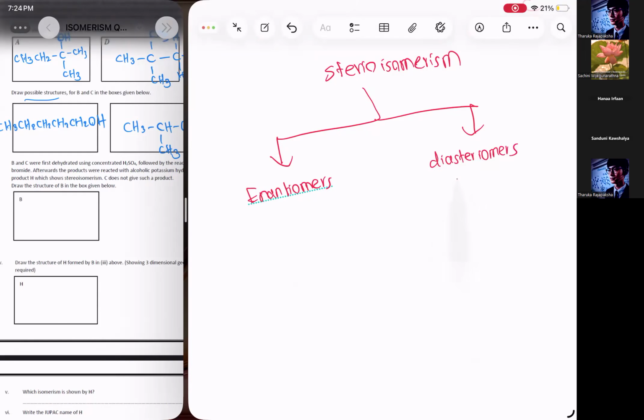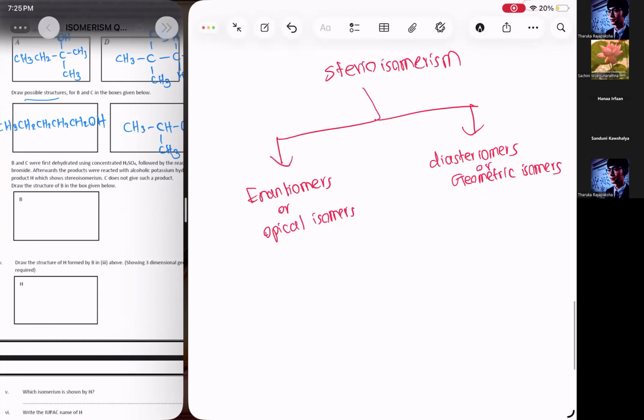Diastereomers are called geometric isomers. Geometric isomers. Right. For enantiomers we give another name. What? Optical isomers. Optical isomers. Right? So these are the names given.